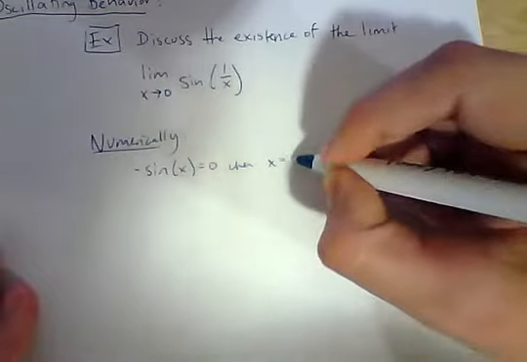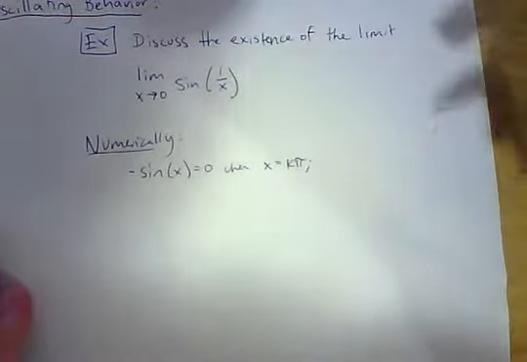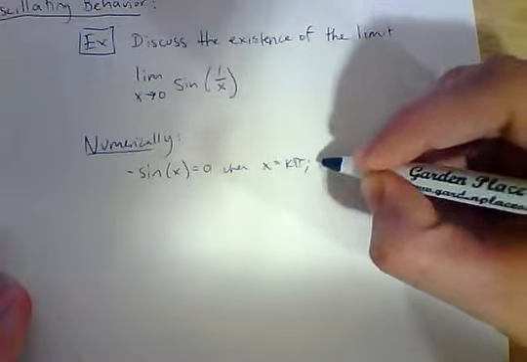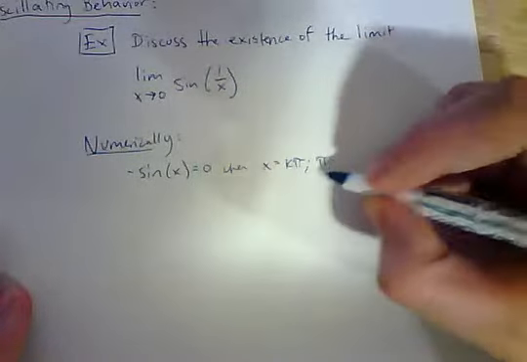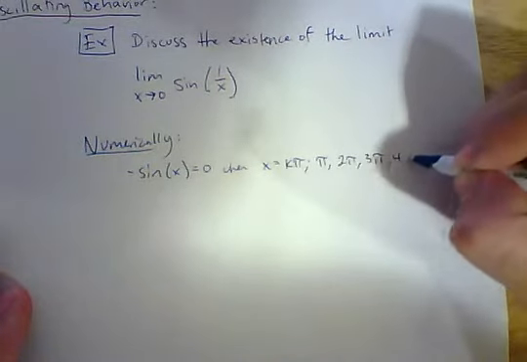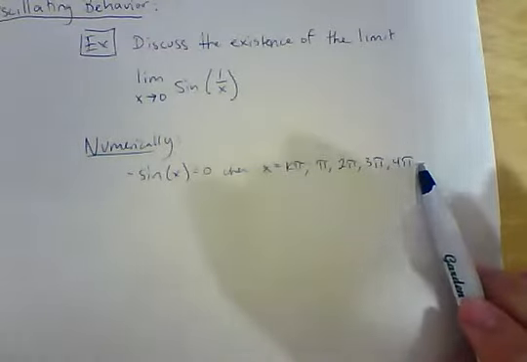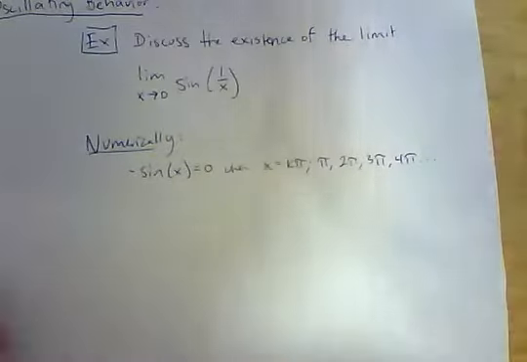I'm just going to write k pi. That just means any multiple of pi. So pi, 2 pi, 3 pi, 4 pi, you get the picture. All of those multiples of pi are going to make sine of x 0.